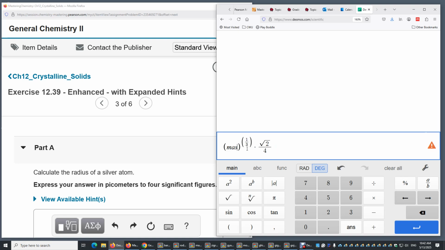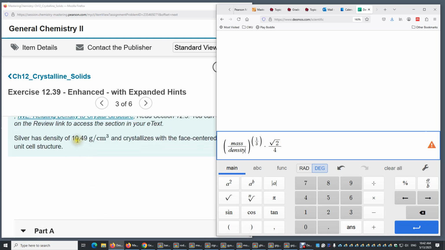It's going to be the mass divided by density. I think we have the density, 10.49 grams per cubic centimeter. So we'll do that. Here's the density in grams per cubic centimeter. And now what's the mass?